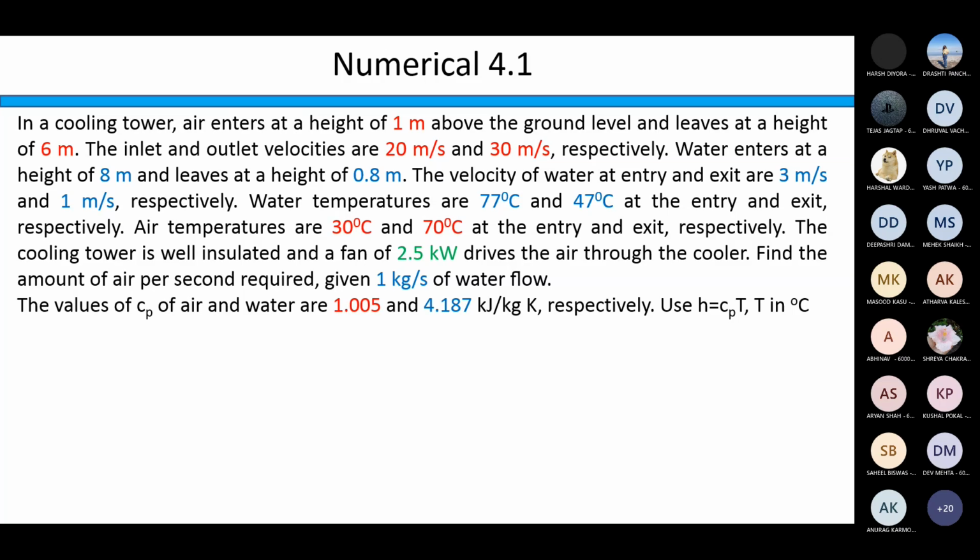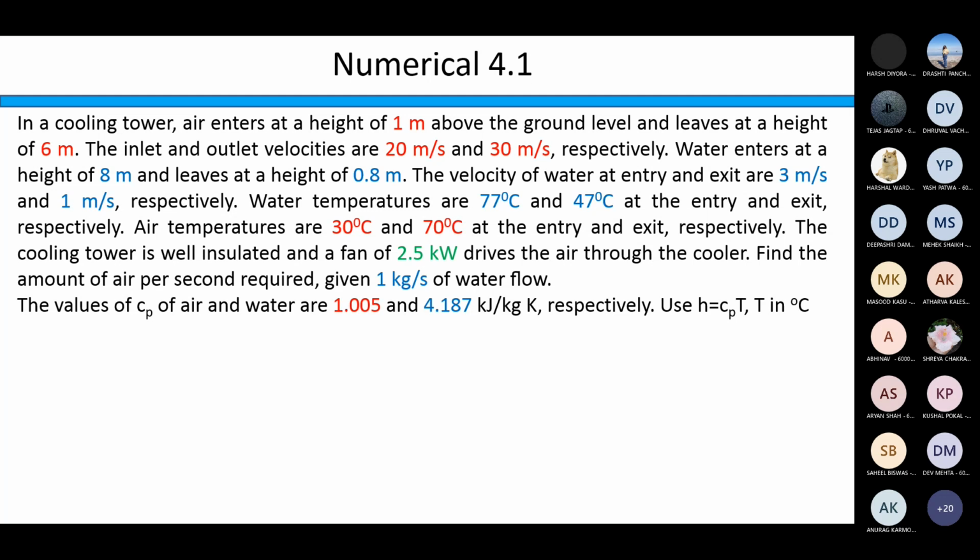What is done in a cooling tower is you are cooling the water from 77 degrees C to 47 degrees C using the air which is initially at 30 degrees C. And in cooling the water, air is getting heated from 30 degrees C to 70 degrees C. Correct? Now the cooling tower is well insulated and a fan of 2.5 kilowatt drives the air through the cooler. Find the amount of air per second required given 1 kg per second of water flow.